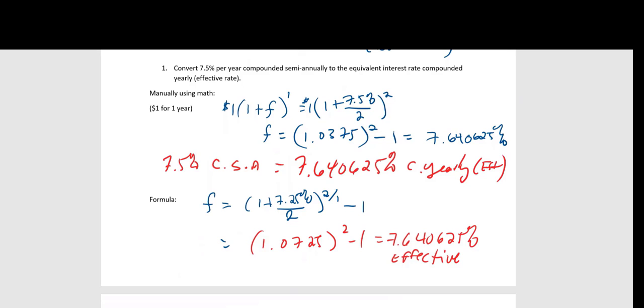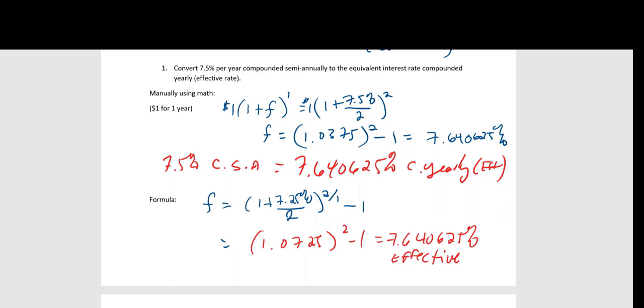Here are some examples. Number 1, convert 7.5% per year compounded semi-annually to the equivalent interest rate compounded yearly, i.e. the effective interest rate. Manually, from first principles, $1 for 1 year. The target is the effective interest rate.